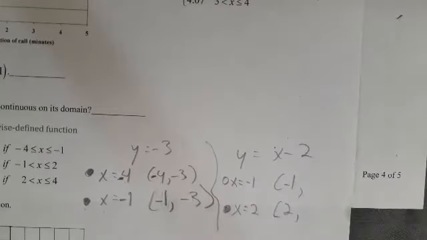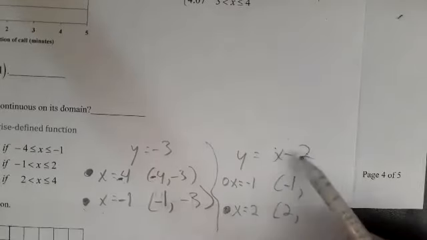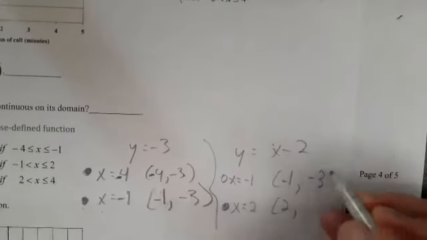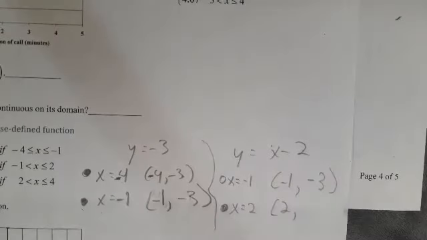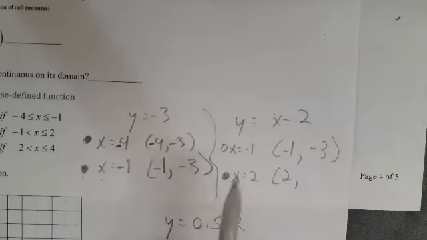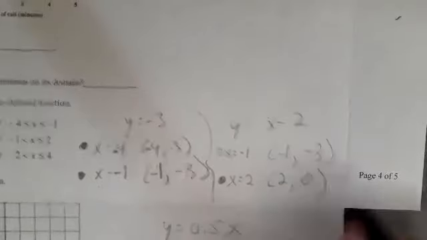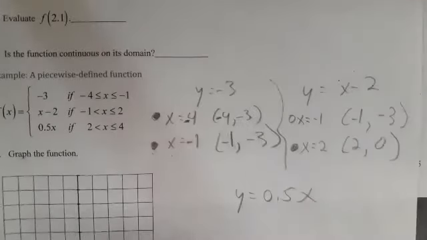What I'm doing is plugging this x into this function to find my y. So if my x is -1, -1 minus 2 gives me -3. So that's the point I want to graph. The other thing is the x value of 2. So when x is 2, I'm doing 2 minus 2, which is giving me the point 2, 0.